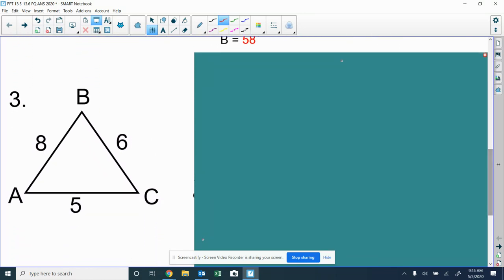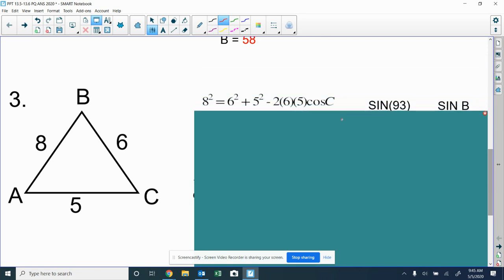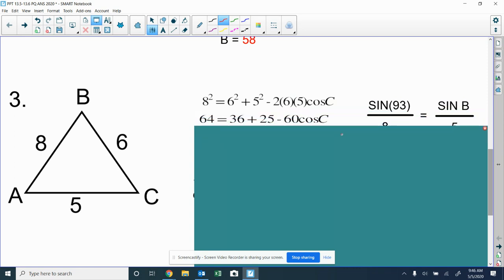All right. Number 3, we have side, side, side. Now, when this is the option, we're always going to use the law of cosines, and we always want to find the biggest angle first.